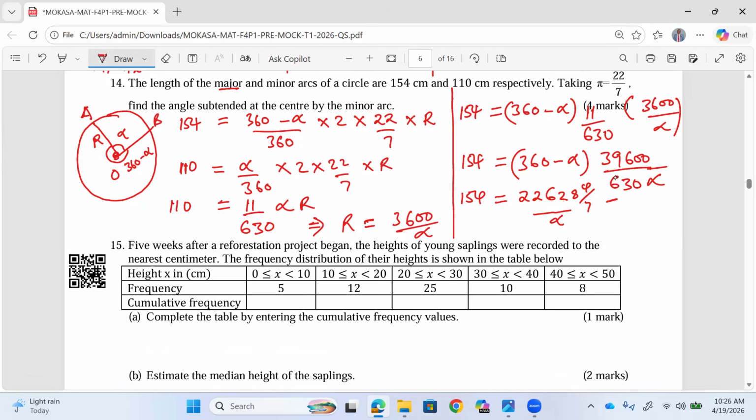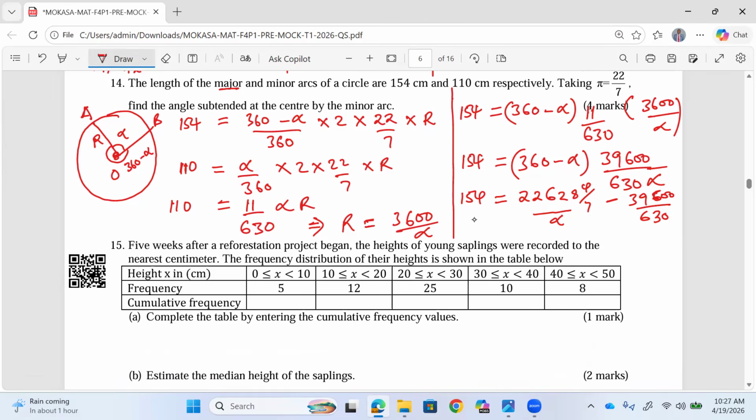Now alpha cancels at this point. We open the bracket again, alpha times this, so the alpha cancels, and we'll have 39,600 out of 630. So the whole of this part can be taken now to the right and added. 154 plus 39,600 over 630.